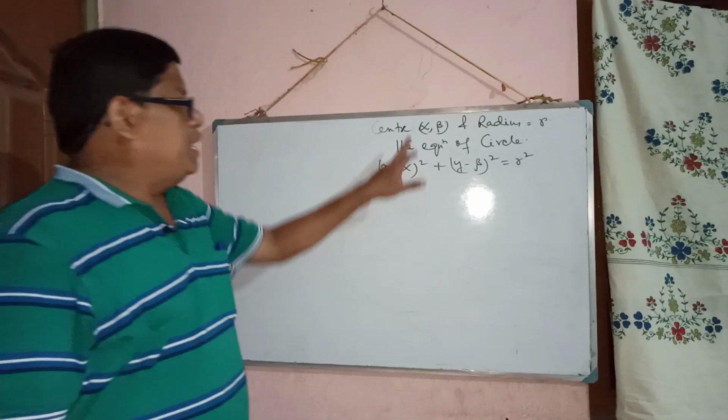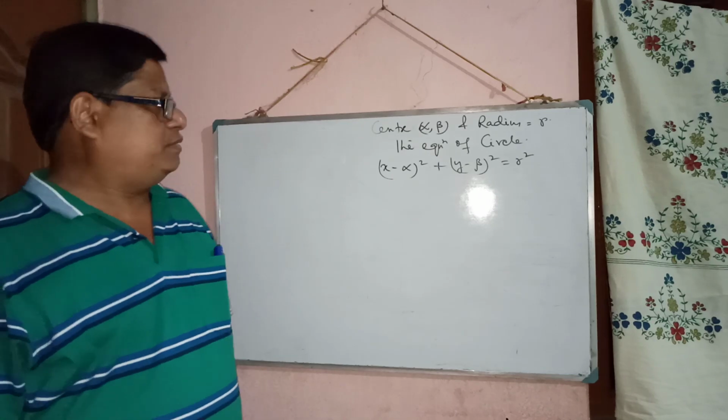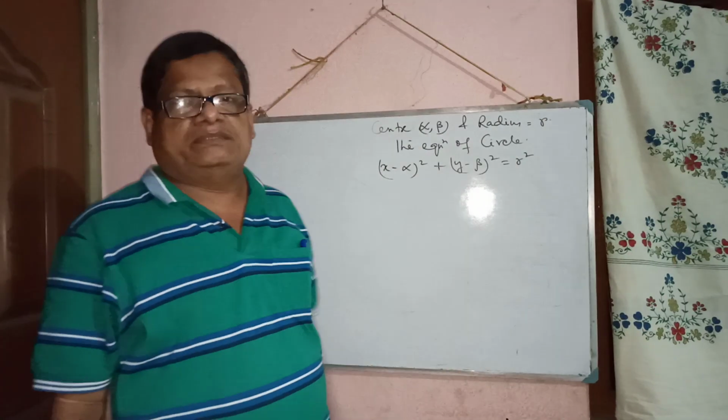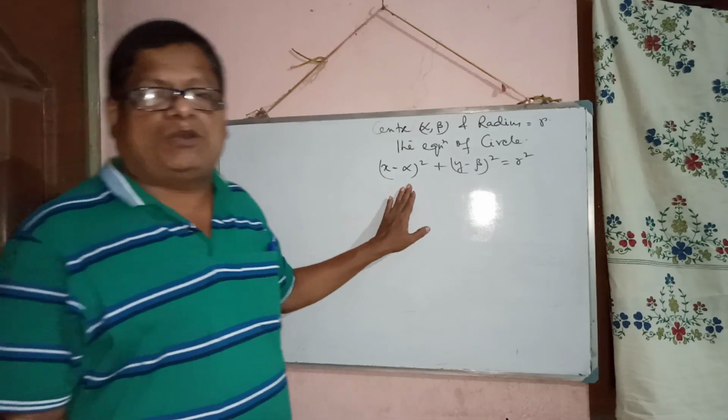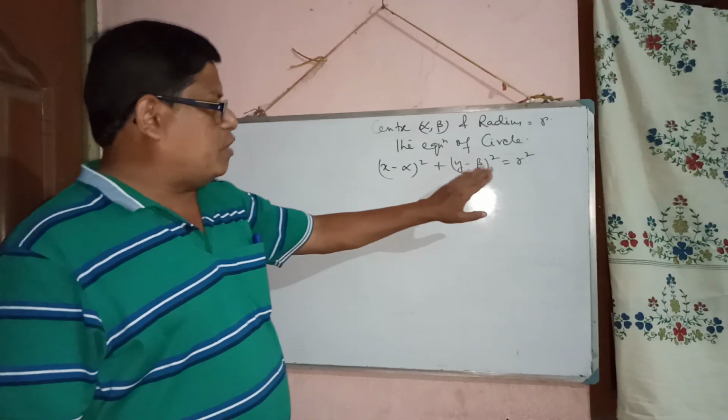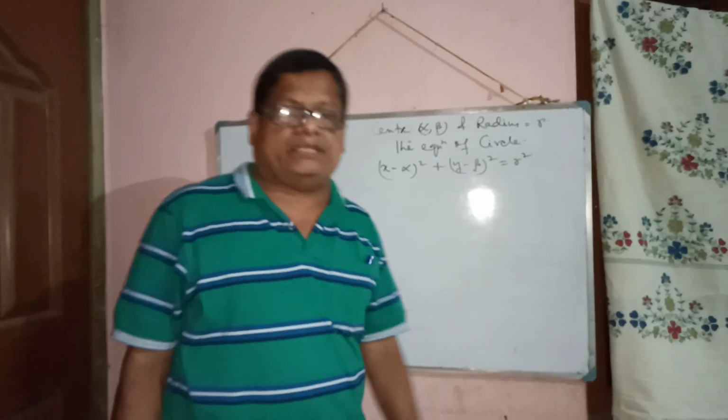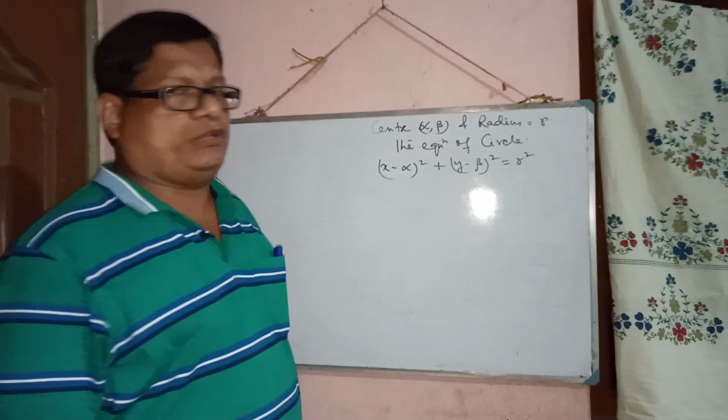Keep in mind, center alpha beta, radius r, then the equation of the circle is x minus alpha whole square plus y minus beta whole square equal to r square.